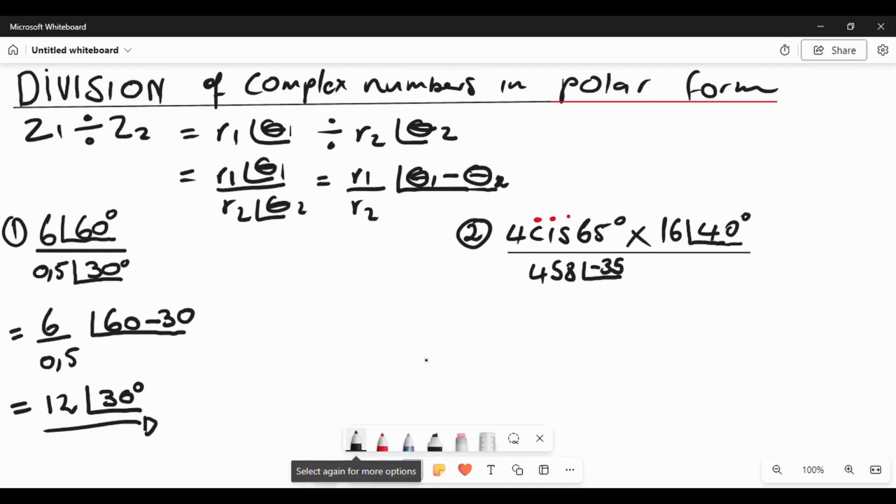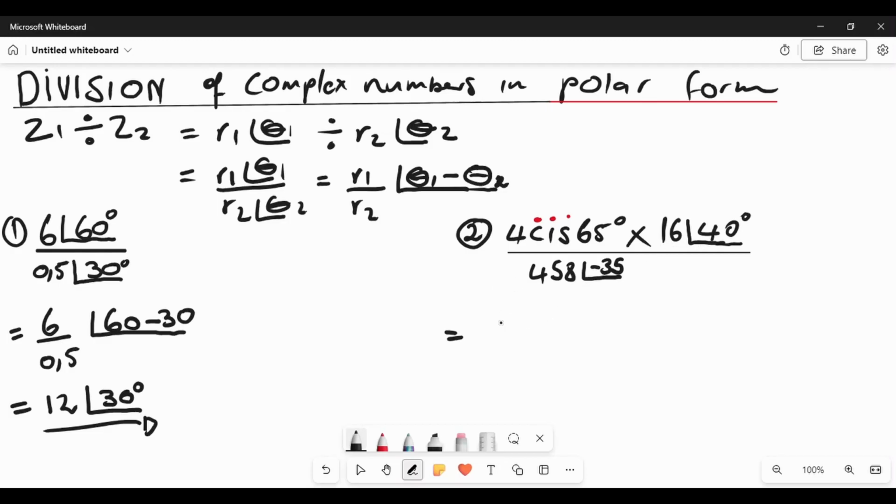All right, so how are we going to solve this? I already made a video where complex numbers multiply each other in polar form, so you can go to the description and watch that video in order to understand what I'm about to do here. So we're going to start with the numerator. As you can see, we have 4 cis 65 multiplied by 16 polar 40 degrees.